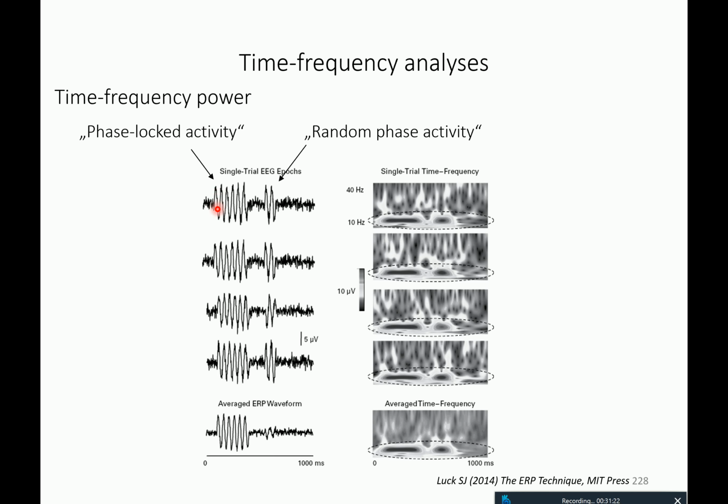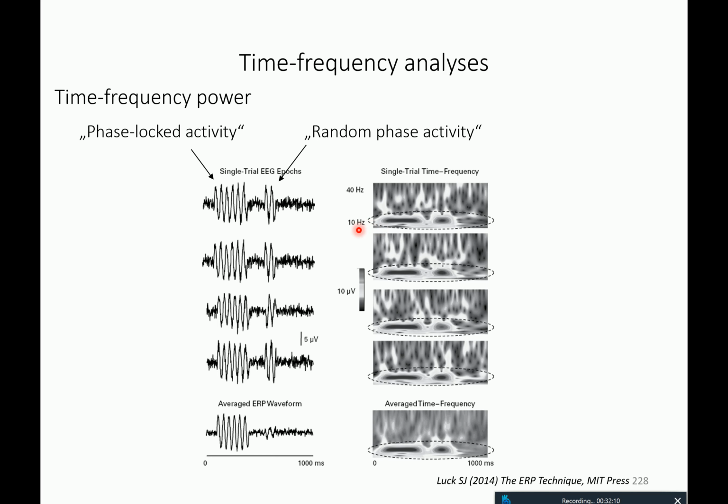So here you have time on the x-axis. Sorry, I was confused for a second. So this is exactly the same time scale as it is in the single trial EEG epoch. So you have time point 0 here and time point 1,000 milliseconds here.